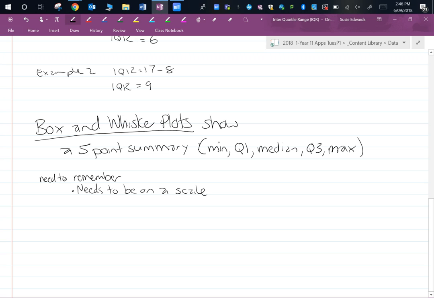What equipment do we need to use? Pencil and a ruler. We make a box for interquartile range. And then whiskers to the minimum and maximum, which shows you the range.